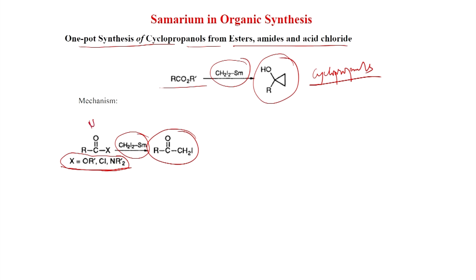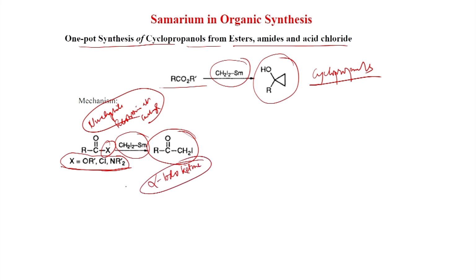So, this is nucleophilic substitution at carbonyl, because this is a leaving group and the CH2I, we have already seen, comes here and you get this, and this is in fact now an alpha iodo-ketone. So, we know that an alpha haloketone will generate the enolate with samarium or samarium iodide, that is what has been done here. This is the enolate.